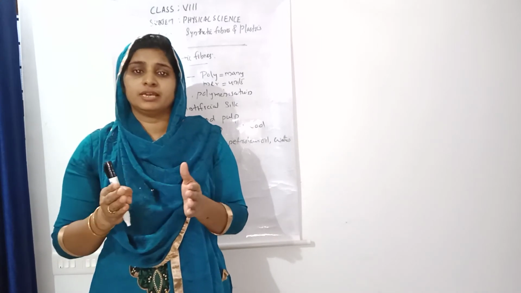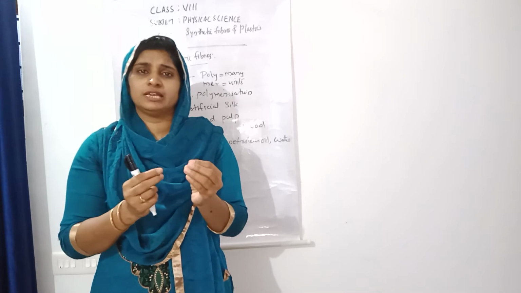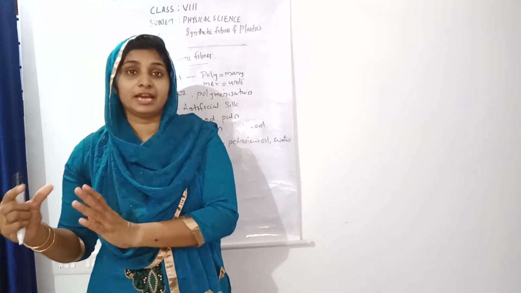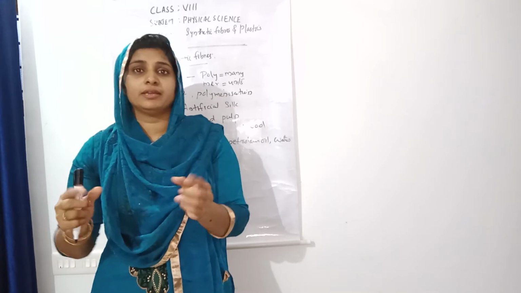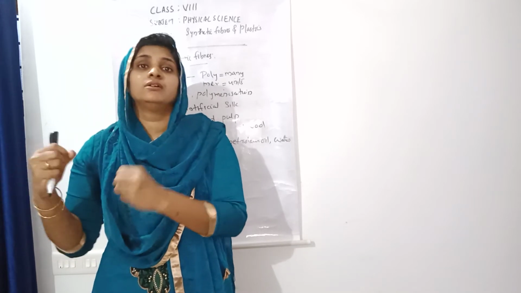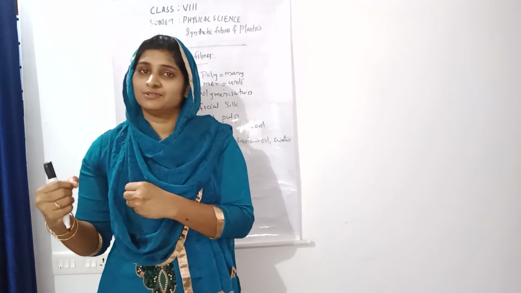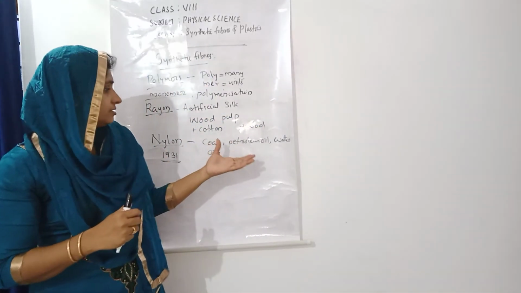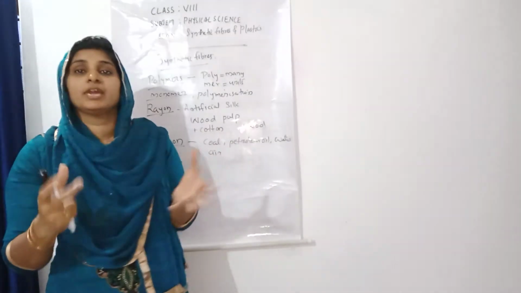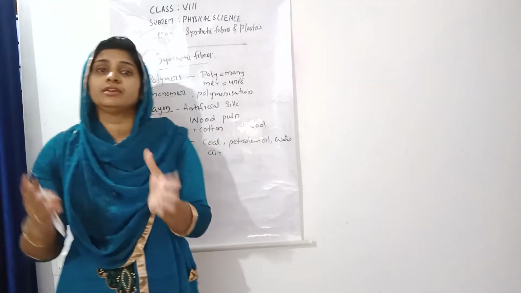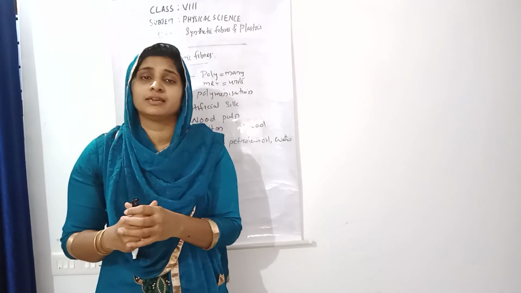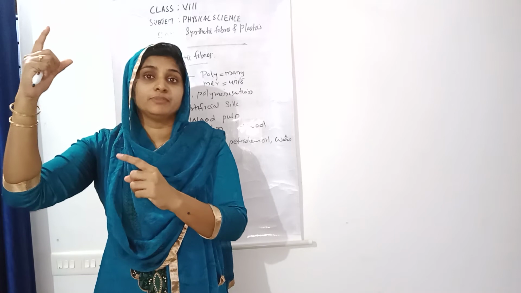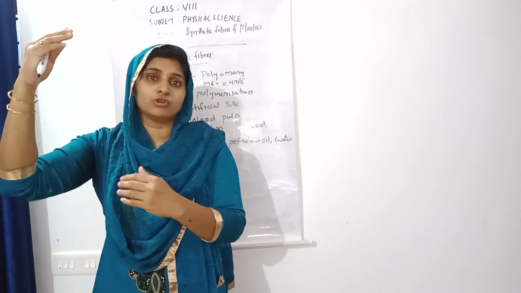If we take a very thin steel wire and a nylon wire of the same size and compare them, the nylon fiber will be very strong. Okay, and they are light, and they are used for making a lot of items like climbing ropes.